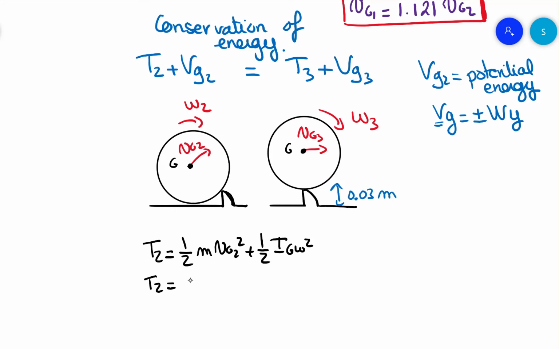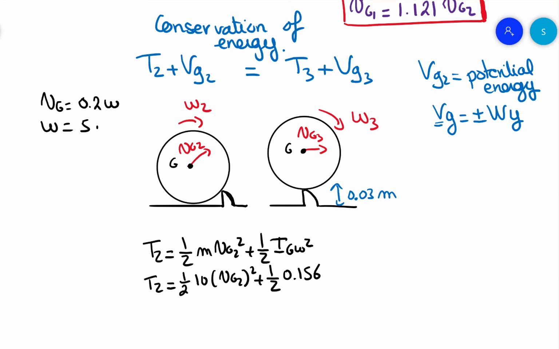T2 is equal to 1/2 times 10 times Vg2 squared plus 1/2 of Ig, that is 0.156. And omega, we still have Vg equal to 0.2 omega, so omega equals 5 Vg for both of them. So this is 0.156 times 5 Vg2 squared.